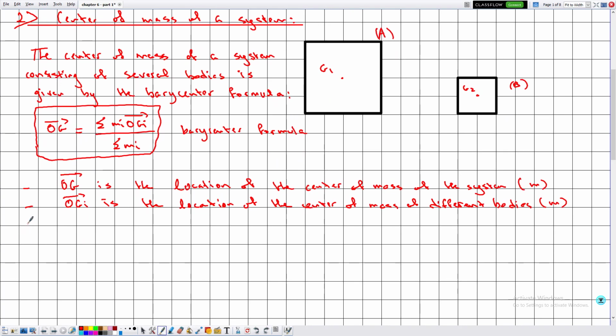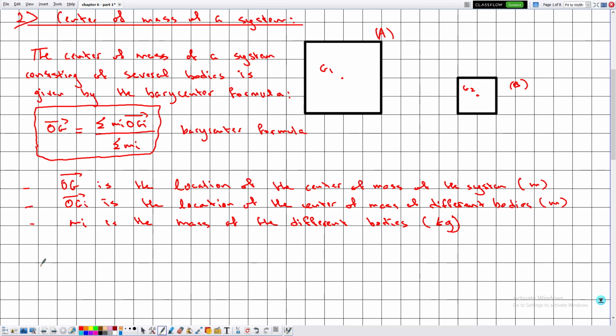Whereas mi is the mass of the different bodies involved in the system, and it is expressed in kilograms.